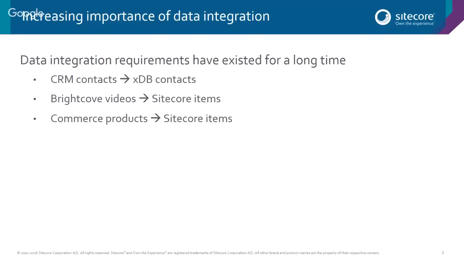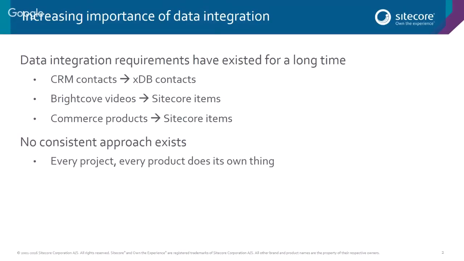And I'm sure for anybody who has done a couple of SiteCore implementations, you can add more items onto this list. But one of the problems that we were trying to address with this, to answer Nate's question, is that there hasn't been a consistent approach to this. Every project, every product that has some sort of a data integration requirement has done it its own way.